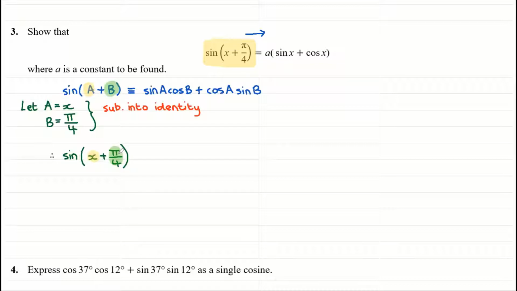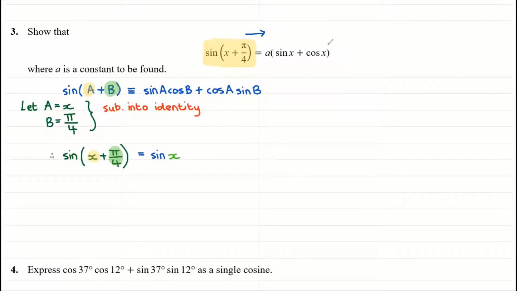Let's see what happens now on the right-hand side. So this is going to be identical to, or equal to, sorry, I just realized that should be equal to because we've subbed in specific values. Okay, it's now an equation. So we now have sine of X. Let's put my substitutions in green here.